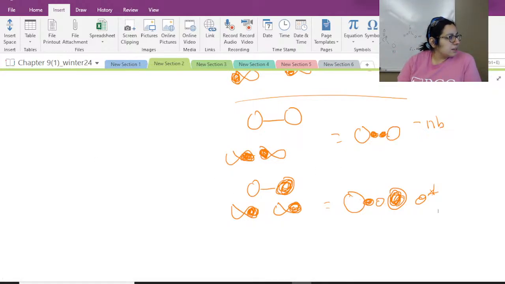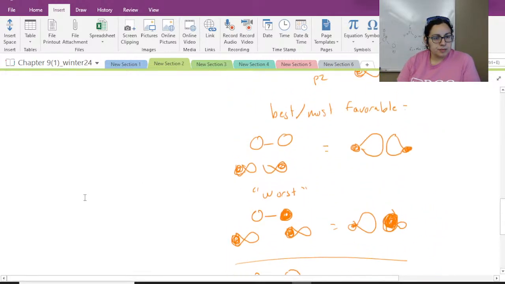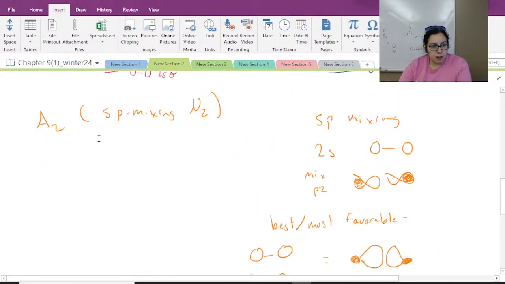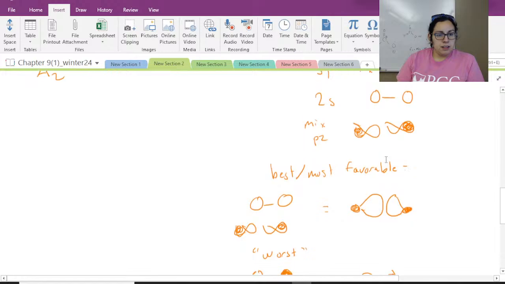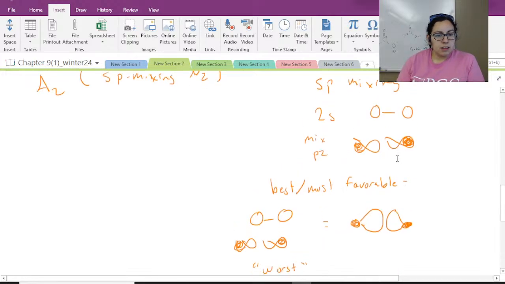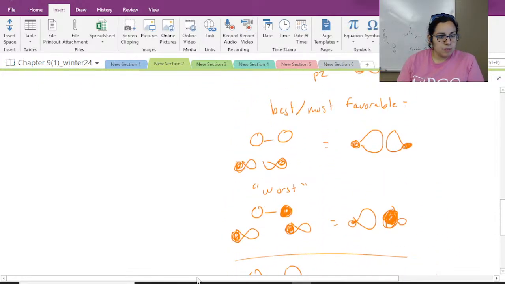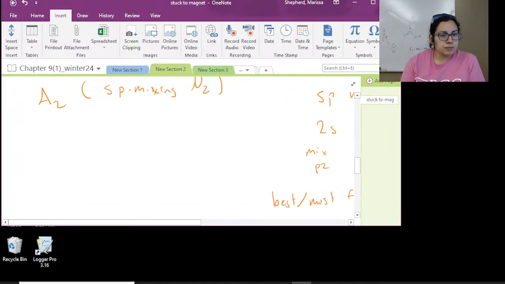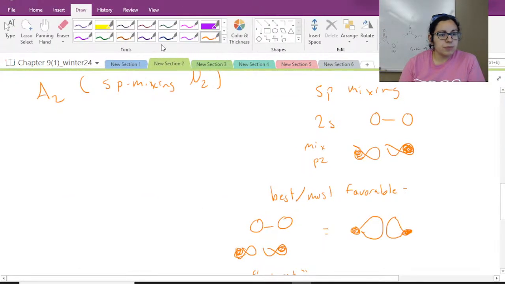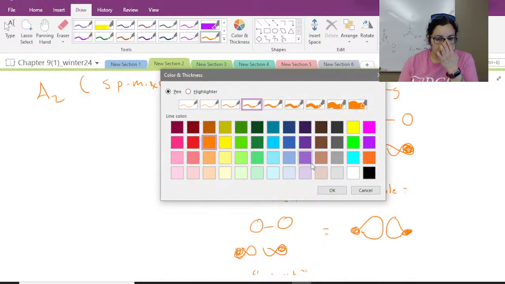All right, so now let's put them in order. So we'll go ahead and draw our A2 diagram again and then figure out where these all fit in. Let's see. It's a good color.